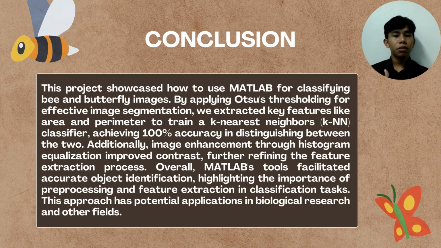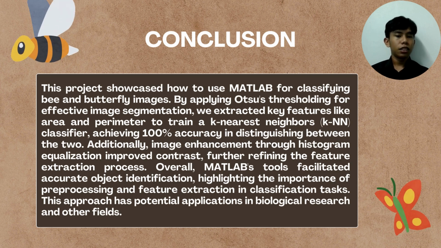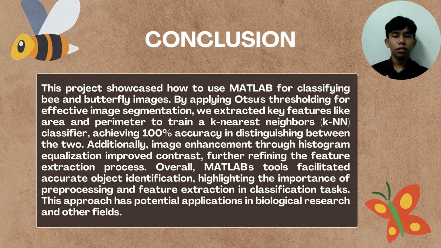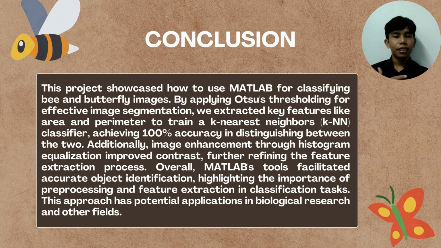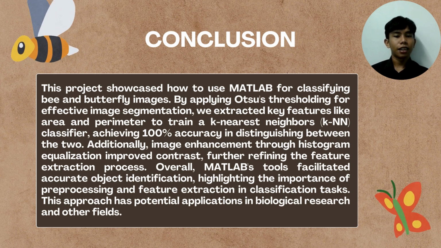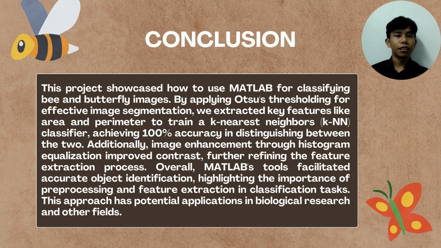Additionally, image enhancement through histogram equalization improves the contrast, further refining the feature extraction process. Overall, the MATLAB tools facilitate accurate object identification, highlighting the importance of pre-processing and feature extraction in the classification task. This approach has potential applications in biological research and other fields.